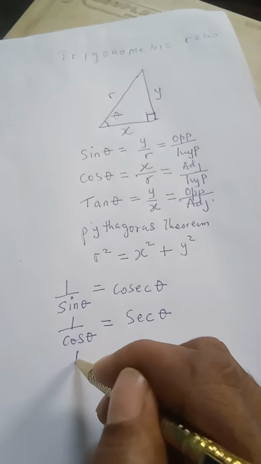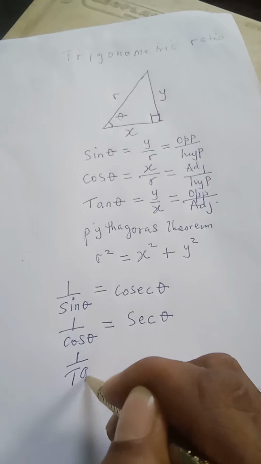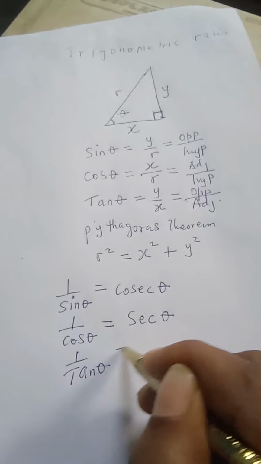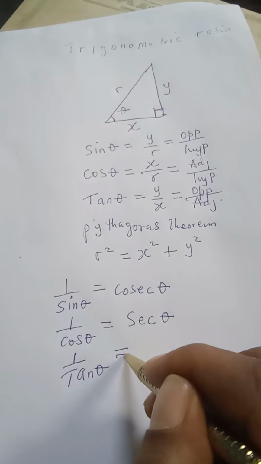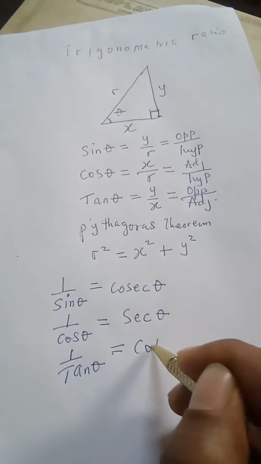And 1 over tan theta is equal to cotangent theta, cot theta.